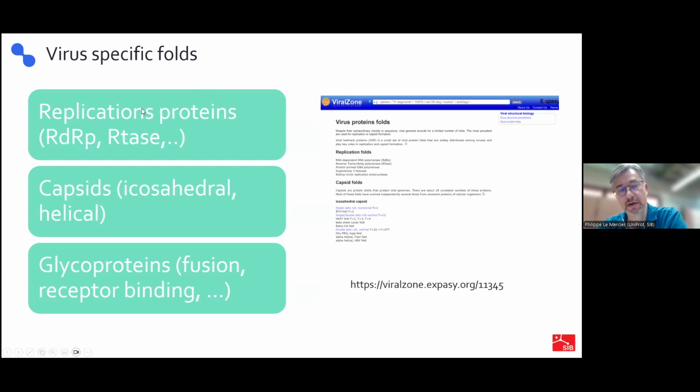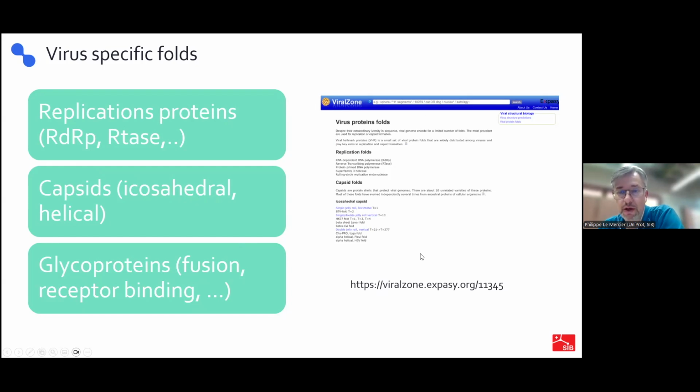These proteins are very old and usually have no homology in the cellular world, okay? And we also have, as I told you, the capsid, which can be icosahedral or helical, so we have a lot of folds. You have about 10 folds of icosahedral capsids and about 20 of helical. And we also have a lot of glycoproteins, like fusion proteins, which have several folds, receptor binding, etc.